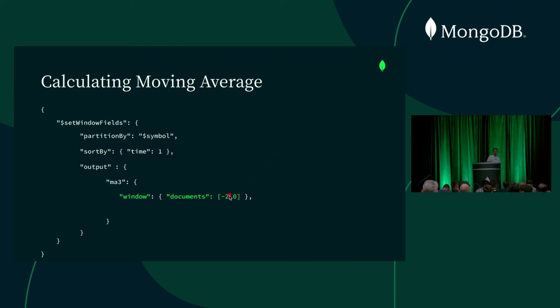So it means that actually here, let's look at 2 previous documents and also the current document. 0 represents when the window ends, -2 represents how much you need to go to the previous records. So here, basically, we are considering 3 records in our window. And it needs to be calculated for every record in the input stream.